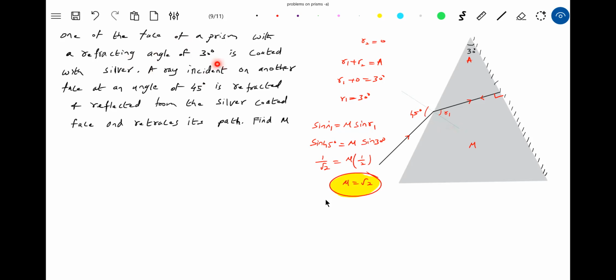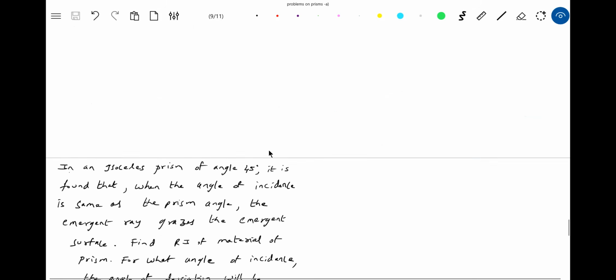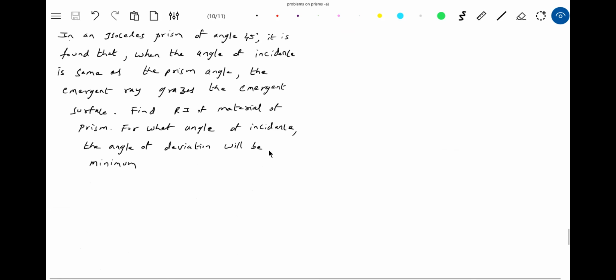Looking at this information, you should get the diagram. In the diagram, how the ray is incident all has to be done. These are some objective questions you can expect in final exams. Questions of this kind where information is given only in words. You should get the diagram, then from the diagram, write the equations. If you are interested, everything will manage. When you are not interested, then everything is difficult.